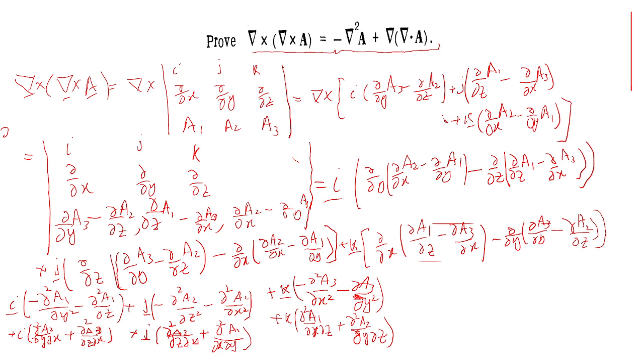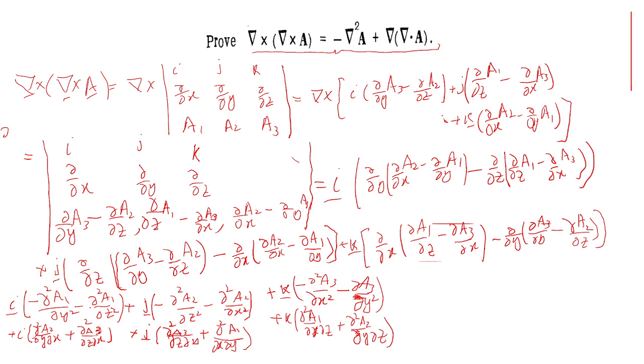Okay, so you see there are 6 terms of this type and 6 terms of mixed type. So there is a deficiency of partial squared A1 by partial x squared in this one, a deficiency of partial squared A2 by partial y squared in this one, and partial squared A3 by partial z squared in this one.